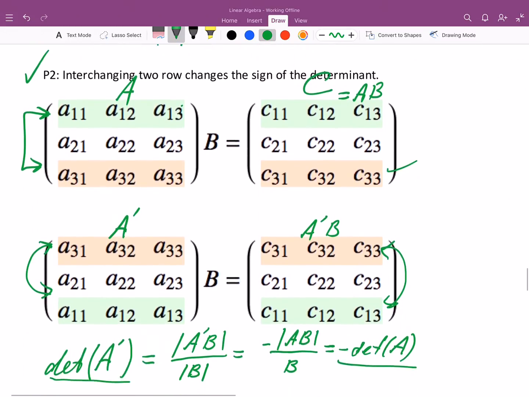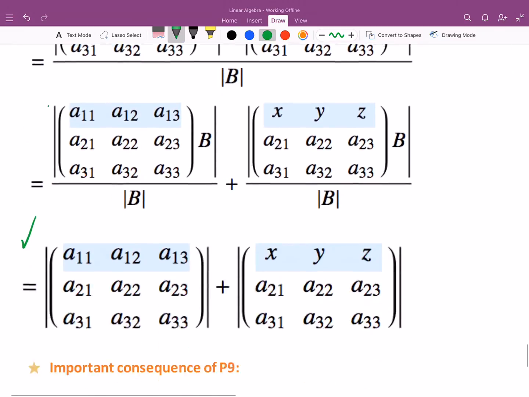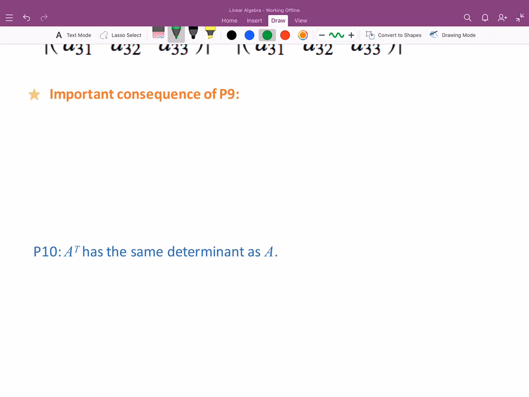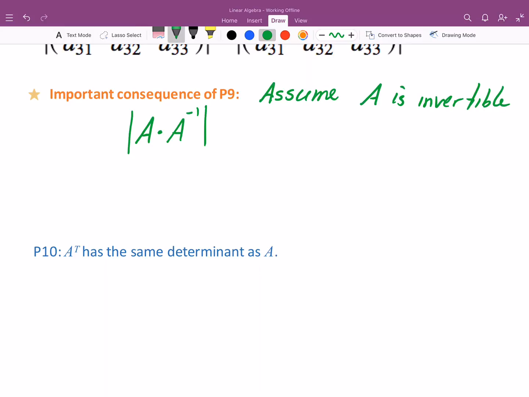Let me talk about a very important consequence of property 9. I'll write it down here. An important consequence of property 9 concerns the determinant of A times A inverse, assuming A is invertible. The determinant of A times A inverse is the determinant of A times the determinant of A inverse, just by the property we just proved.